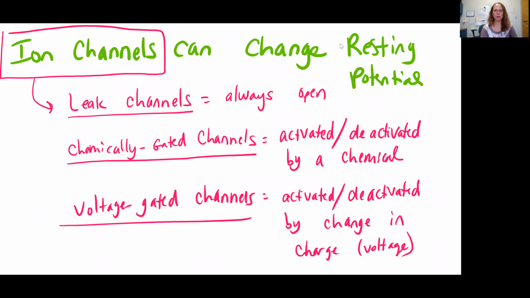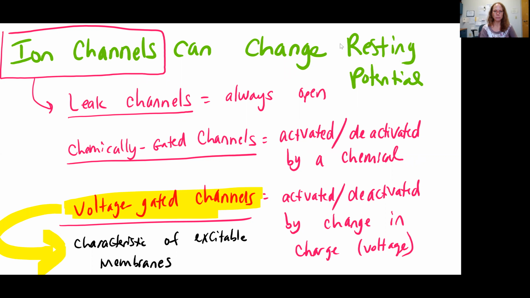Now, ion channels can actually change the resting potential because it's allowing for the movement of ions. Leak channels are always open. Chemically gated channels are opened or closed, or more accurately, let's say activated and deactivated by the binding of a chemical. And then voltage gated channels, we already know, can be activated or deactivated, opened and closed, based on changes in the charge or the voltage across the membrane.